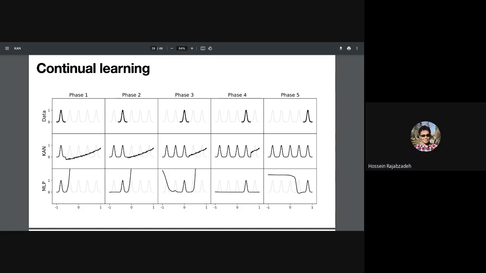So first, it sounds to me like sequential learning, because in the community, when we say continual learning, it means that on the same domain, if a new task comes, we are going to learn that task as well while not forgetting the previous one. So this is one thing that I wanted to share with you. And the other thing, if we go for 2 layers of CAN, do you think this feature is still there?